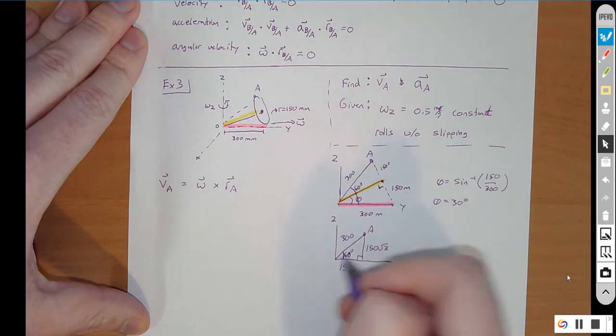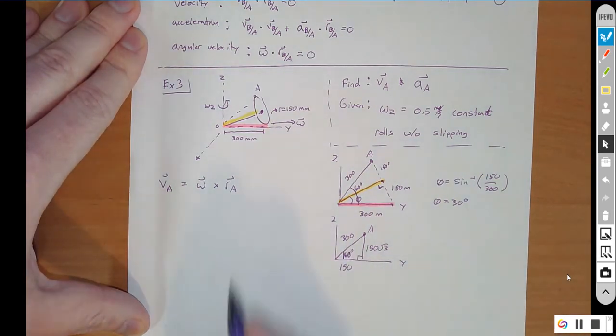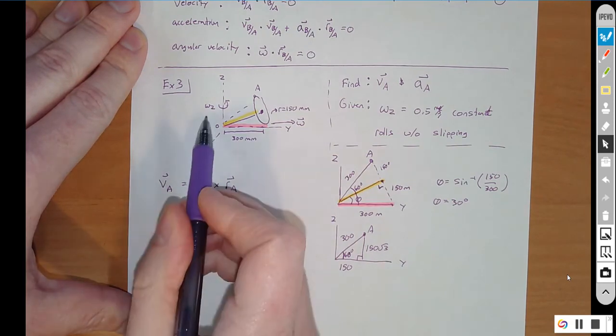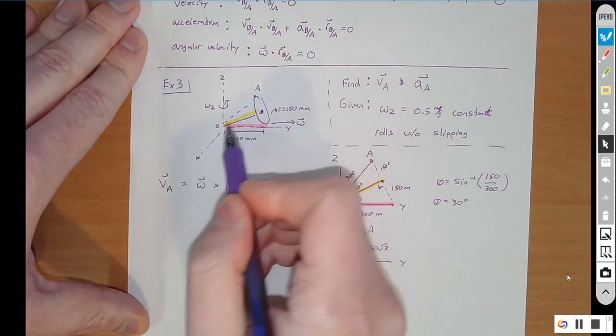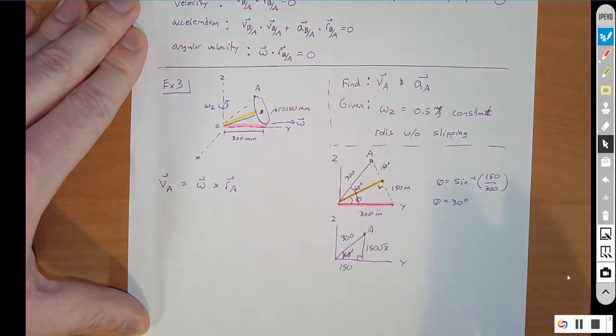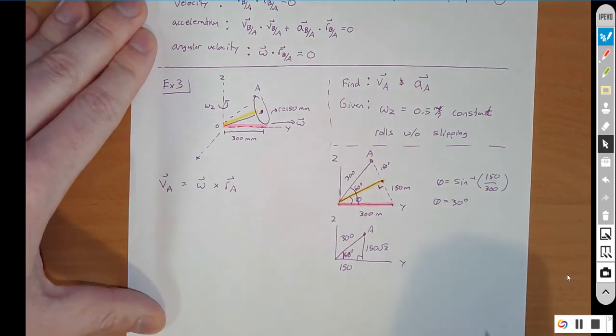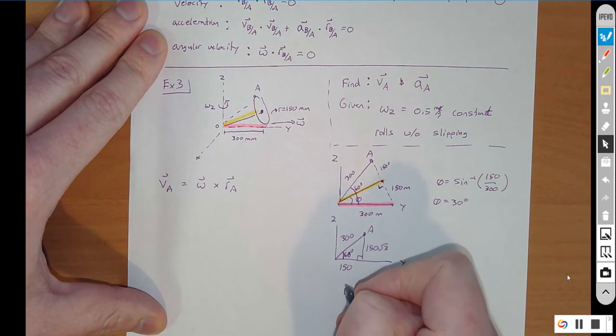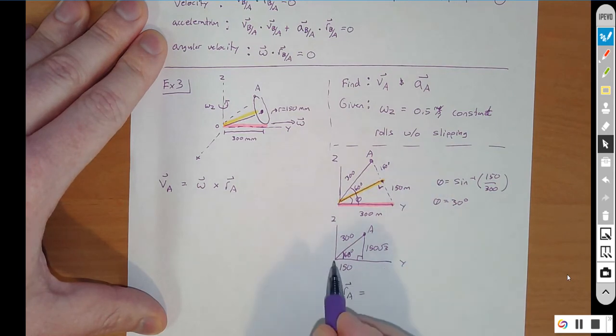So I can use this triangle to find RA and to find omega. You could find omega by doing omega z plus the omega of this yellow bar. That's what the book will do. I'm just going to use trig to find it. So the vector RA is going to go over 150.